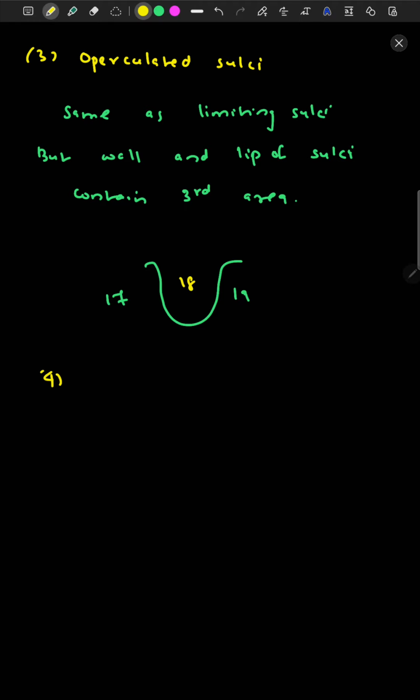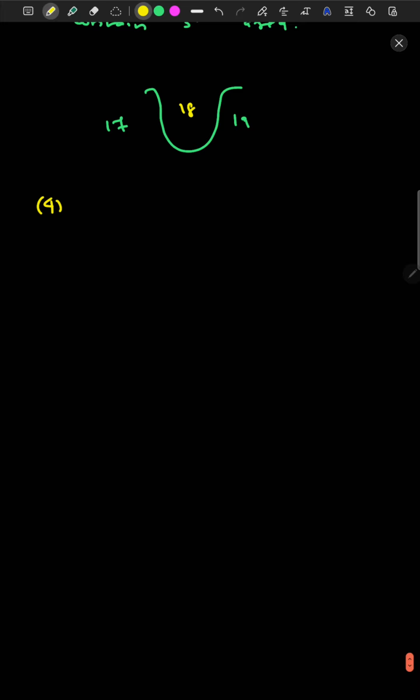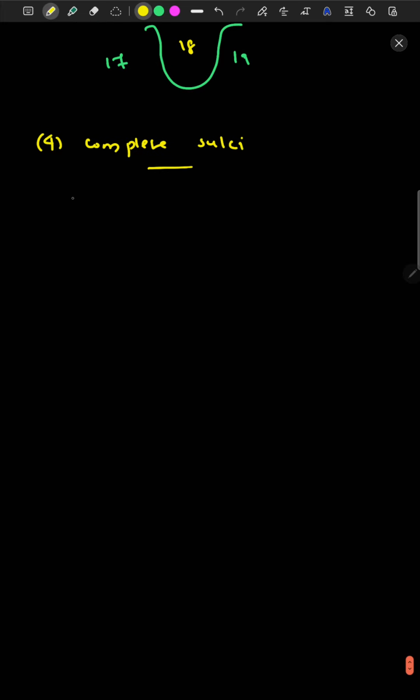So the fourth type is the complete sulcus. These complete sulci are mostly located deep, and they give an impression in the lateral ventricles.